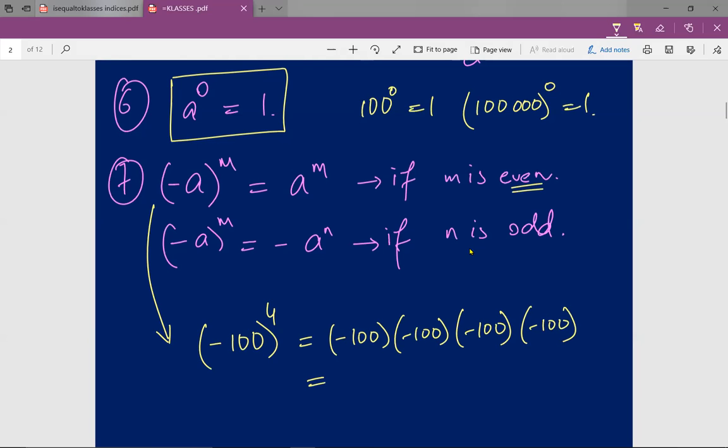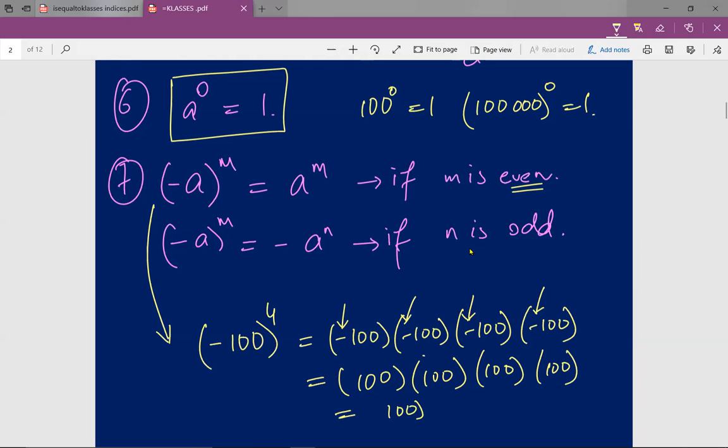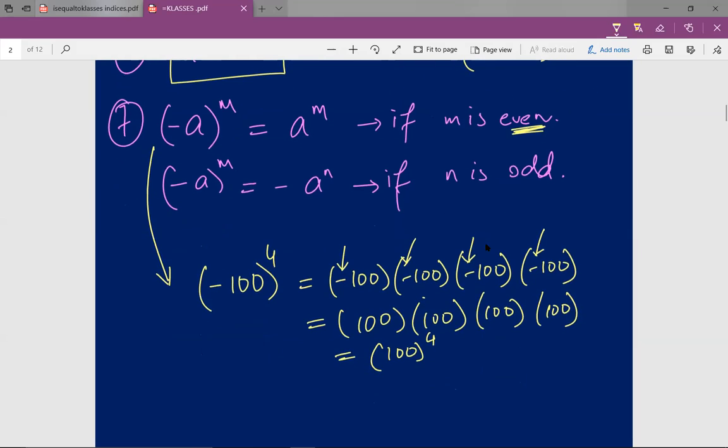As you can see, these 4 negatives will cancel each other, so I'll have a positive 100 raised to power 4. And this is what this rule is saying, that if m is even, you can safely say that minus 100 raised to power 4 is equal to 100 raised to power 4.